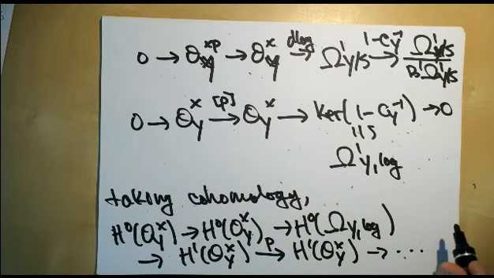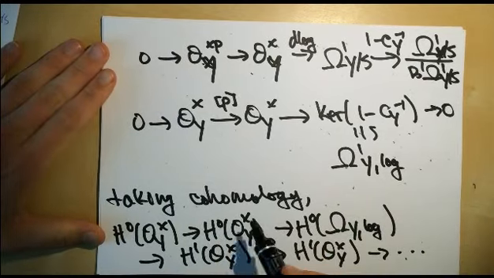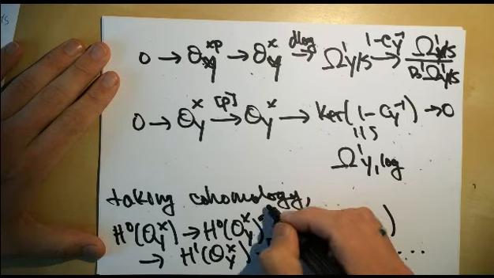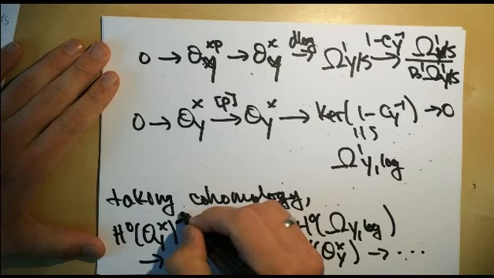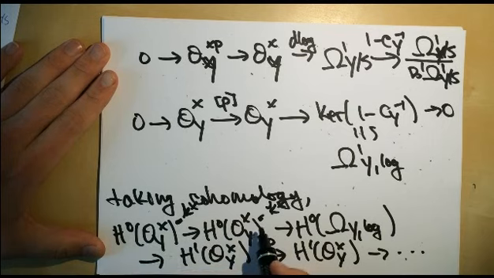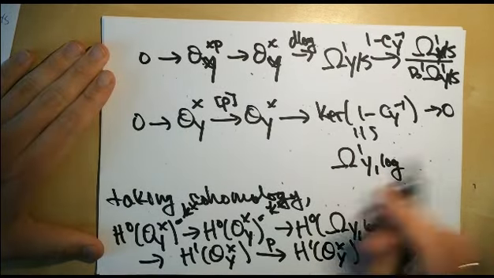Okay, so again, now is where we're going to use the assumption that Y is proper. So Y is proper, this means that this becomes k, and this becomes k. And then since k is perfect, this becomes surjective. Okay, so then the image of this is the whole thing, and the whole thing is the kernel of the next thing. So then this becomes exact here. Okay, and then we replace this one by a kernel.